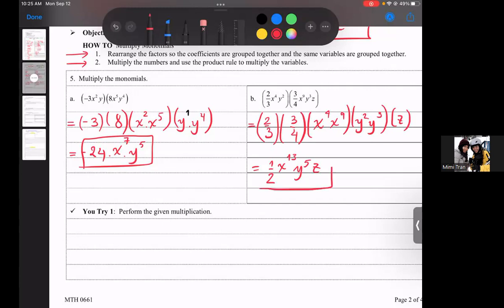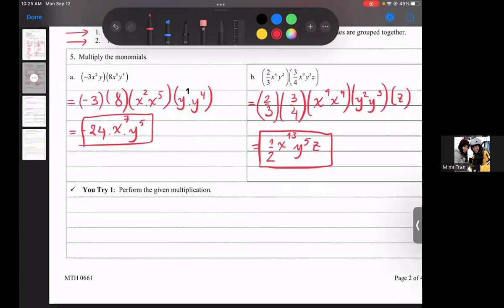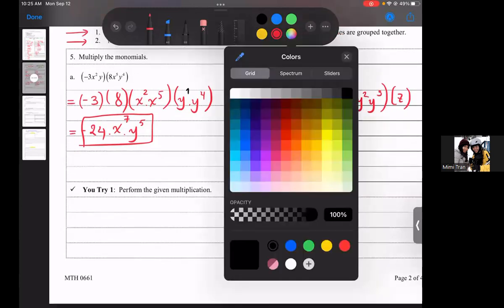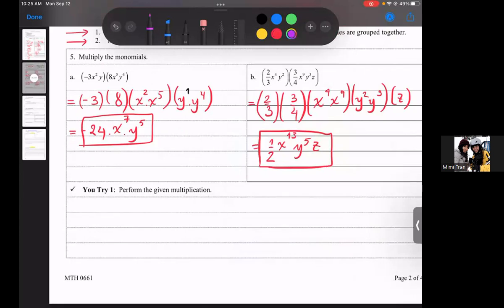You try. Every time it makes me nervous. Okay. You nervous? I'm nervous too. All right, so 3/4 x squared y to the 7th, and another big parenthesis. I got 32 x to the 10 y to the 8. Recommendation, 32 is the same thing as 32 over 1.